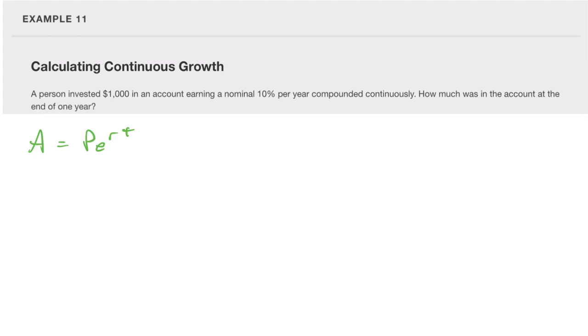So at the end of 1 year, we want the amount in the account after 1 year. We're starting with $1,000. The rate is 10%, and the time is 1.